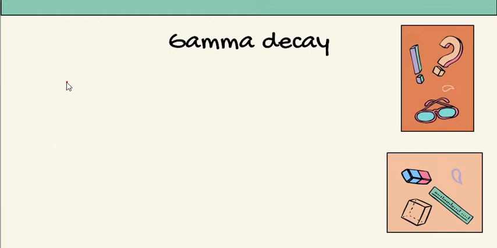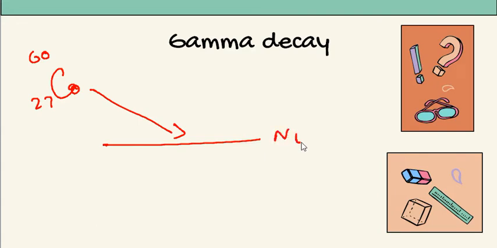For example, if we take the example of cobalt 60, it decays and a nickel isotope is formed. After this decay, this nickel is in an excited energy state.